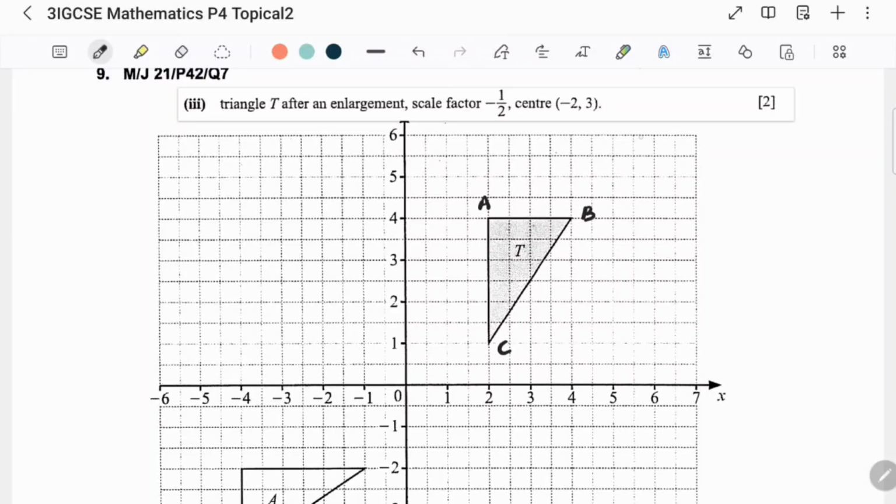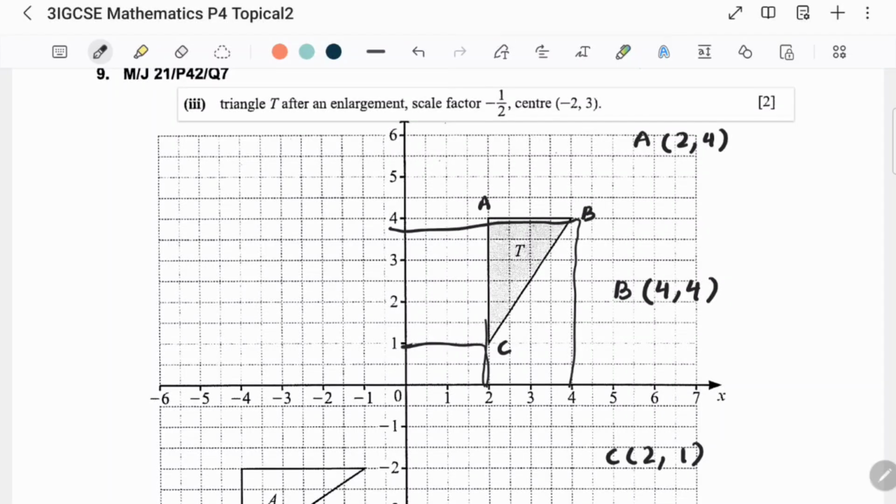Your A is positive 2, 4, and your B is 4, 4, and your C is 2, 1. I think you can easily identify the coordinates. This is 2, 1, and this is 4, 4, and this is 2, 4. So I think you don't have any problem in identifying the coordinates.